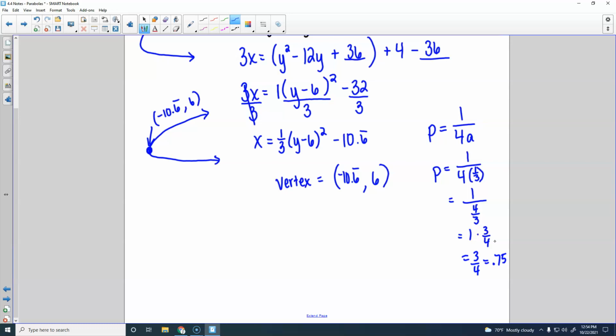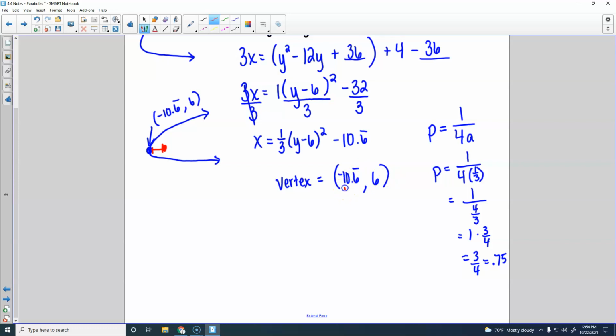So that p-value is the distance that the focus is from the vertex. The focus is going to be on the inside of the parabola, so it's going to be to the right. So if I start at the vertex and go to the right 0.75, what would that change about my coordinate for the vertex? The x value, and would I need to add or subtract? Add.